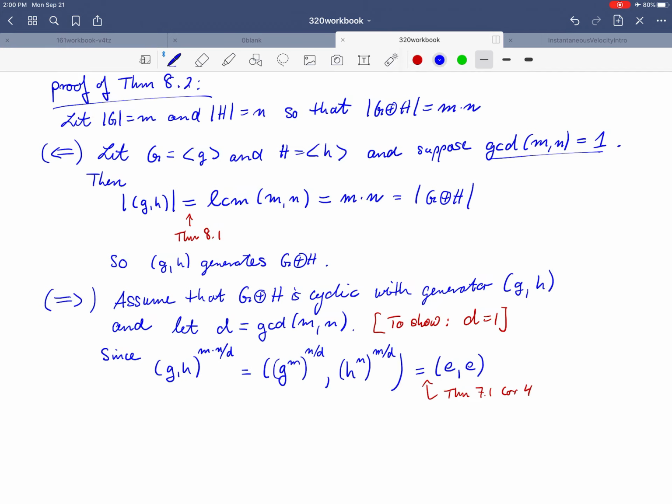So this means that we have M times N is equal to the order of (G, H), since we said that (G, H) was a generator of our group. But on the other hand, this is less or equal to M times N divided by D, because over here we get the identity by raising (G, H) to the M times N over D.